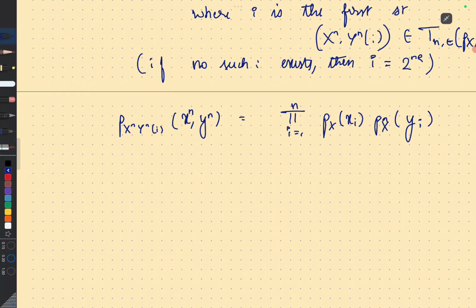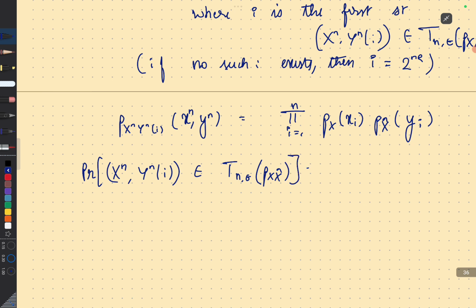So in particular, what is the probability that xn and yn of i, this pair, belongs to the typical set defined by Pxx hat? We just saw this a few minutes ago.